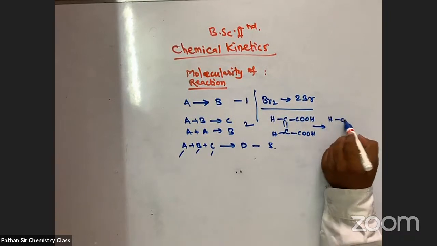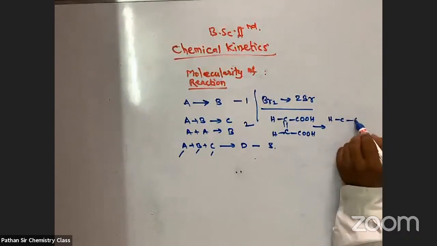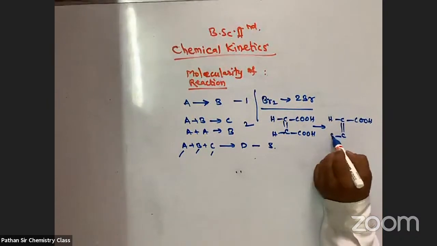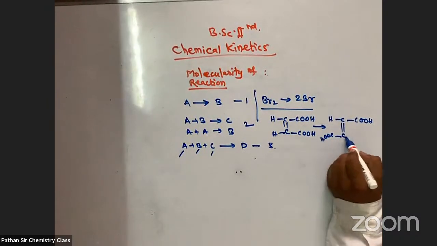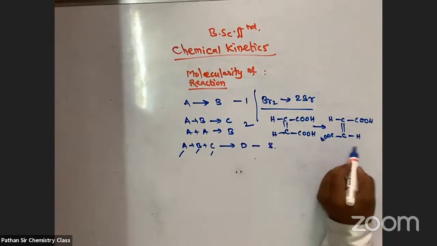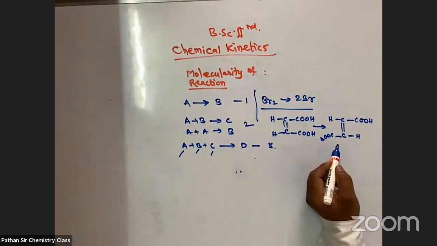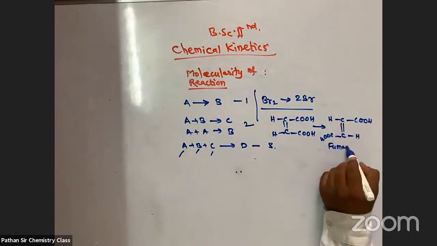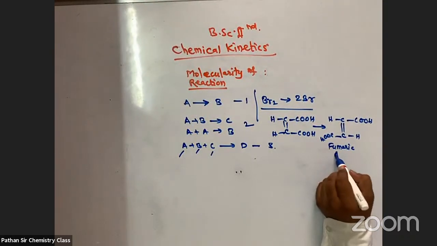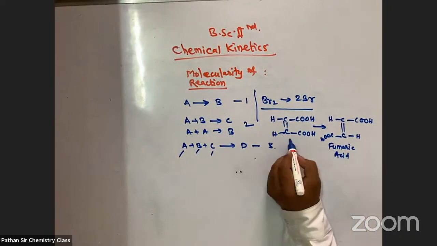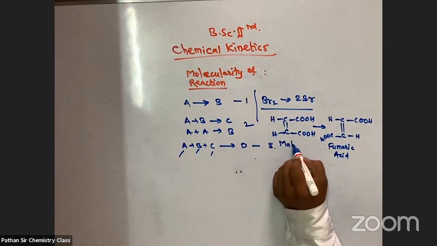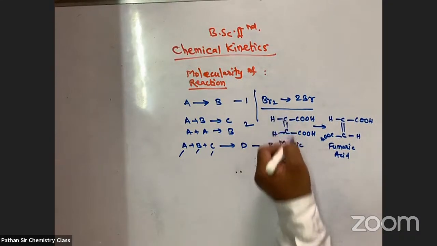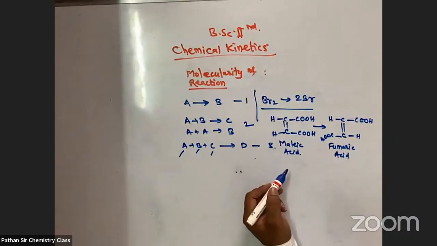And what happens? The COOH group becomes anti. So this is fumaric acid, and this one is malic acid. So these two examples are of unimolecular reactions.